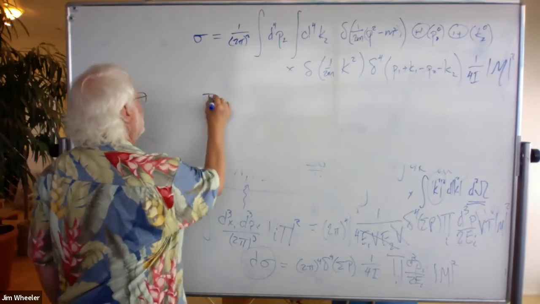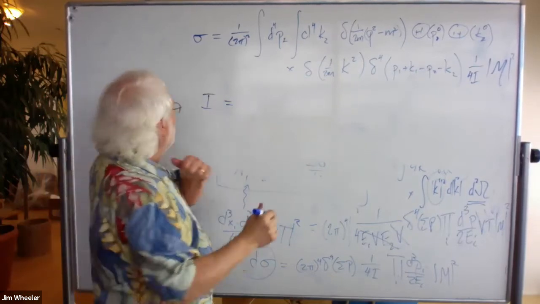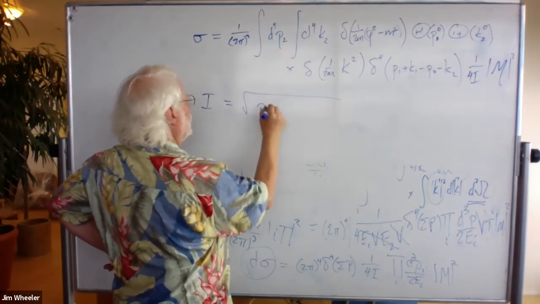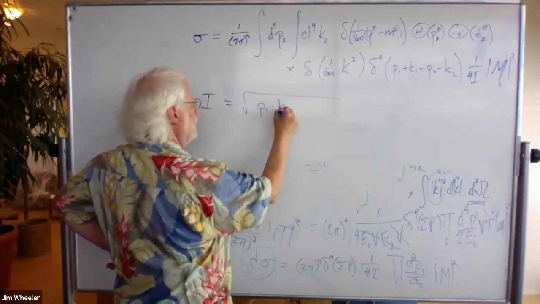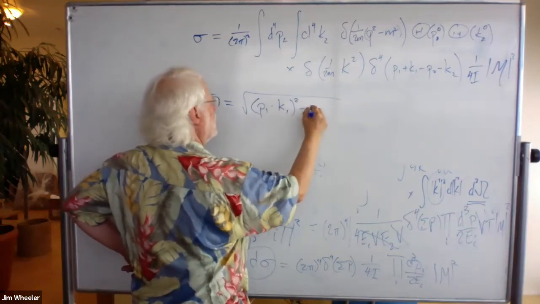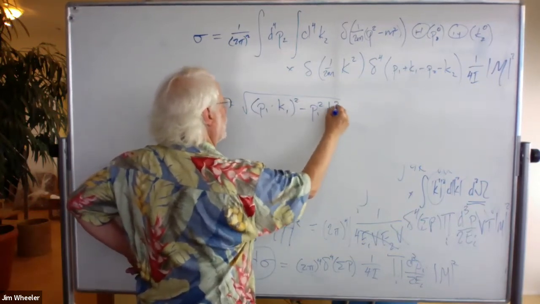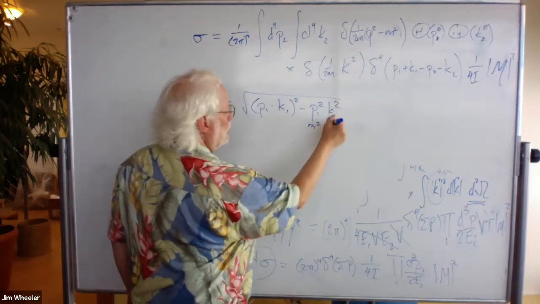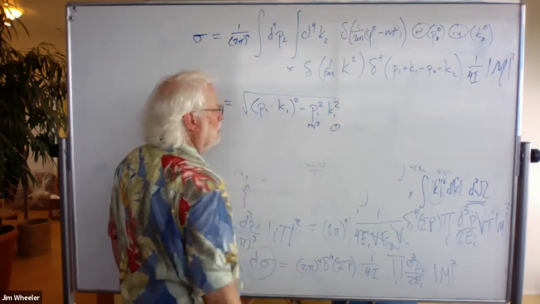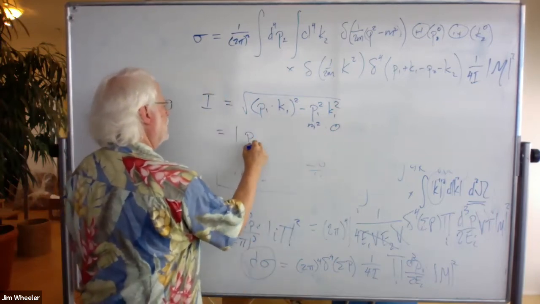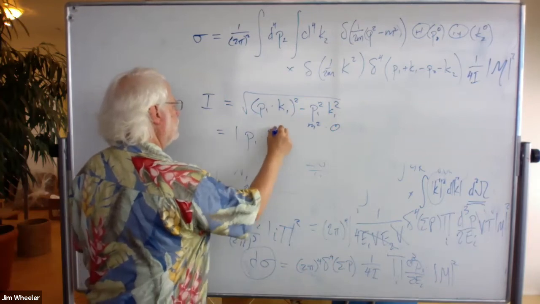Remember, I is the square root of P1 dot K1 squared minus P1 squared K1 squared. These are the incoming particles. And this is just going to be the mass squared, but the norm of K is 0. So that second term drops out. And this is just the magnitude of P1 dot K1.